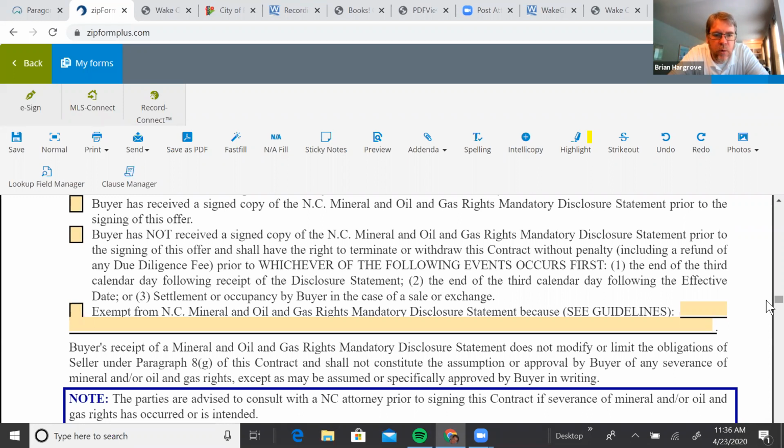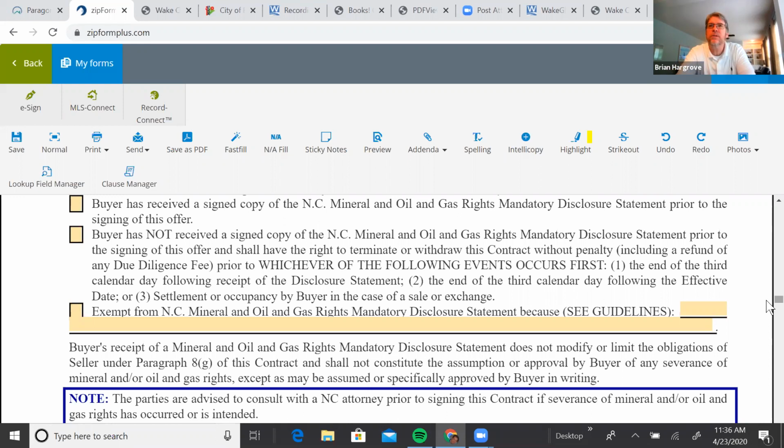Now, same scenario, they signed Saturday, but they never gave you that other disclosure. Then you have 3 days from Saturday. Even if they give it to you on Sunday or later in the day Saturday, it's either 3 days from when you finally got it or 3 days from when you went under the contract, whichever one happens first. Does that make sense?